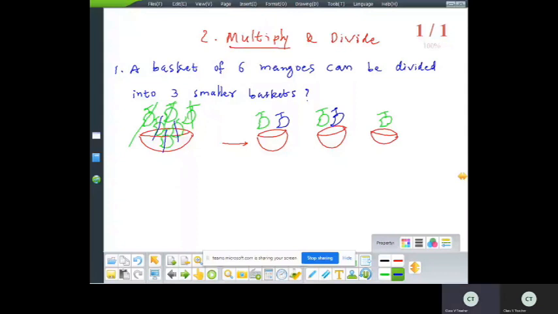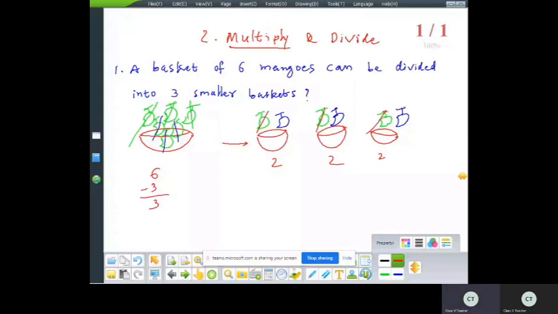Now how many mangoes are there in each basket? Here 2 mangoes, here 2 mangoes, here 2 mangoes. See, total mangoes are 6. First time we insert one mango in one basket. Total 3. 6 minus 3, 3 mangoes are there.